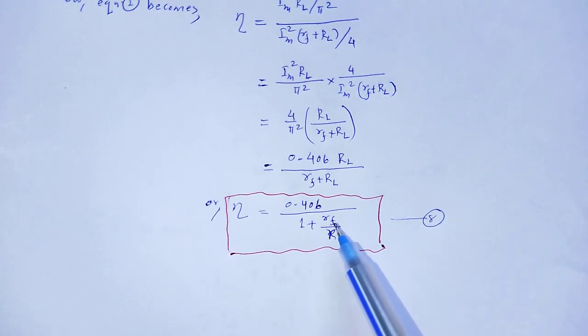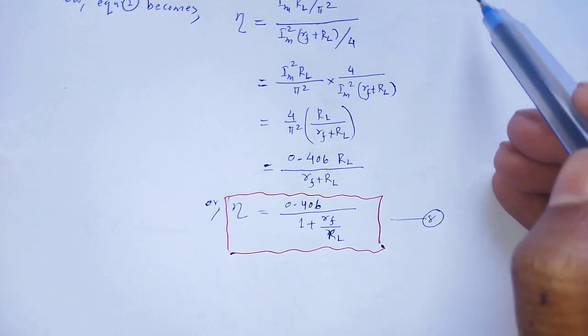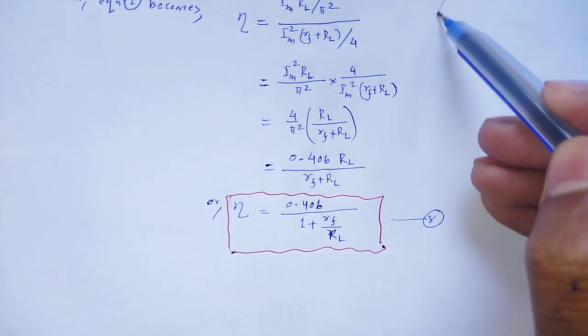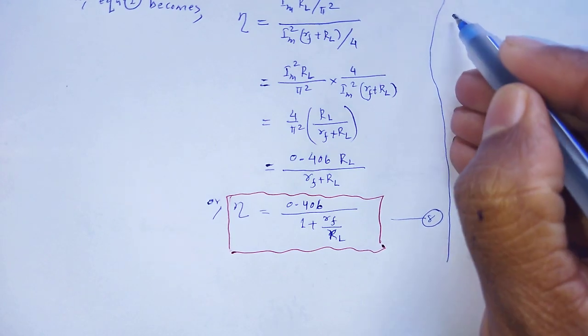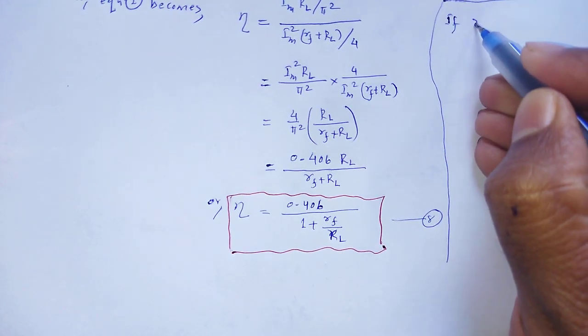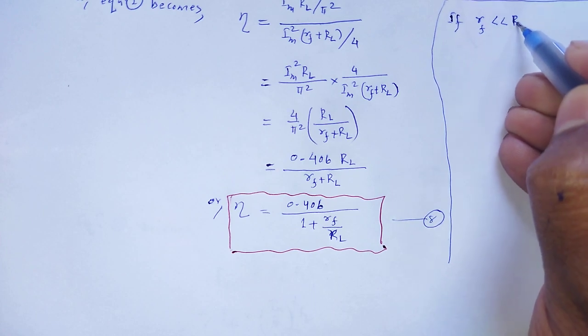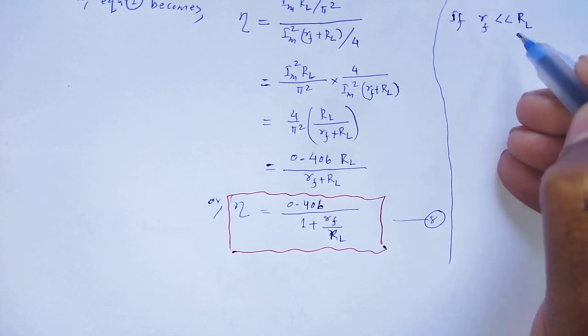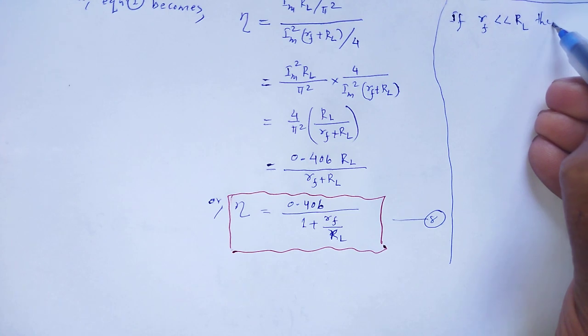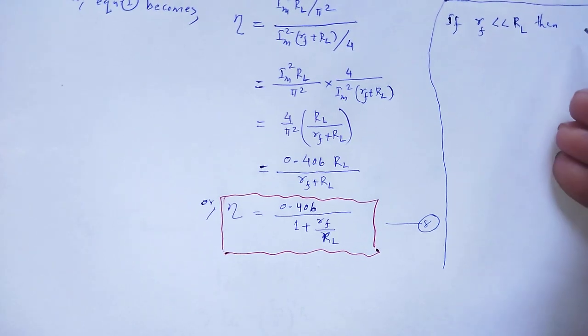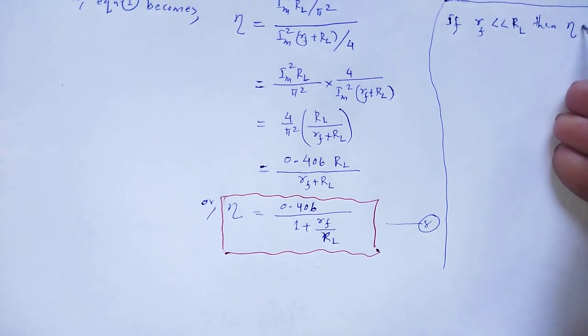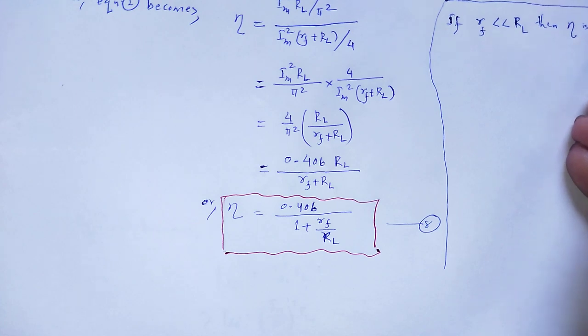Look at that situation. If Rf is very much less than RL, then the efficiency is maximum.